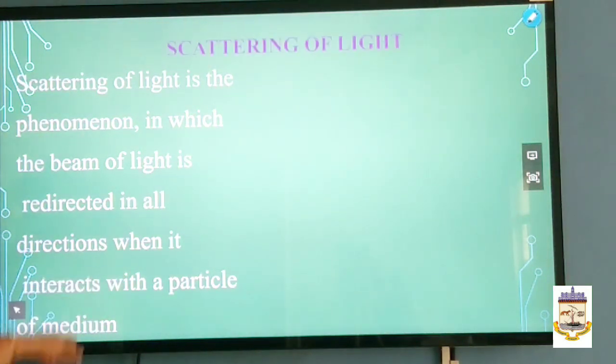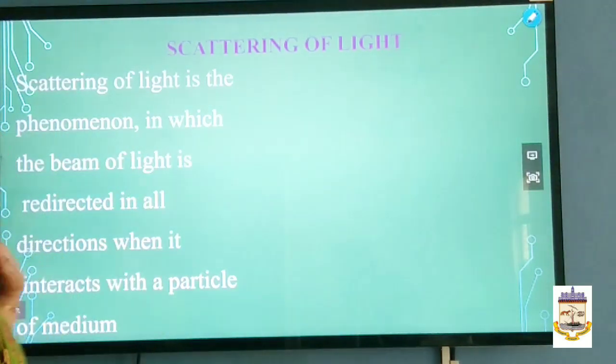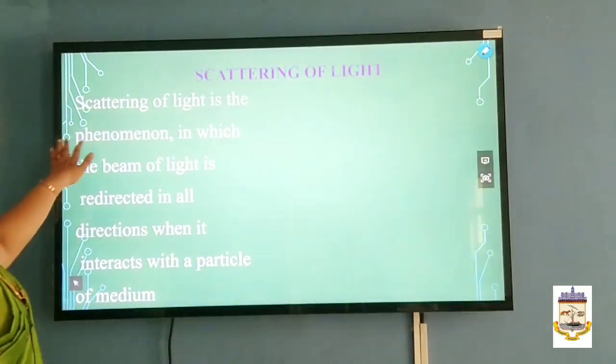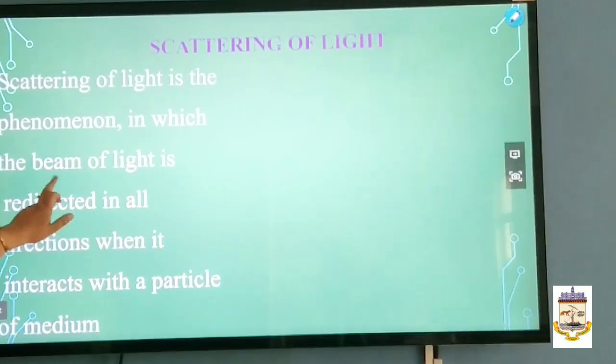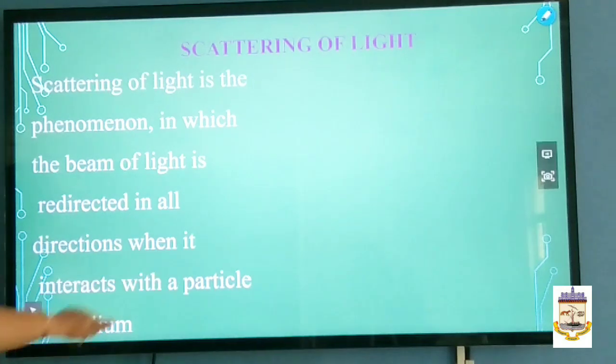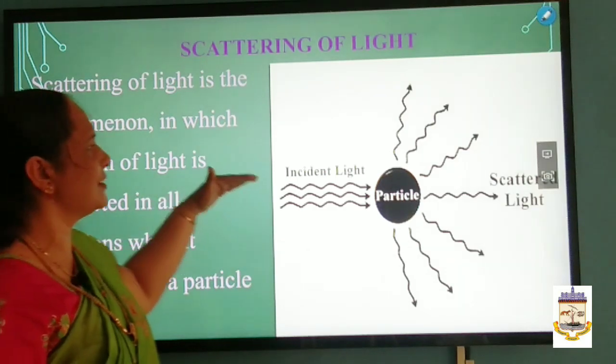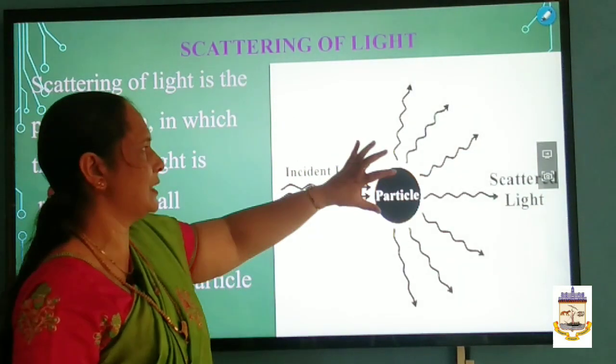Now, the other topic we are focusing on is the scattering of light. What is scattering? It is the phenomenon in which a beam of light is redirected in all directions when it interacts with the particles of the medium. See here, children, this is the incident light, and this is the particle.